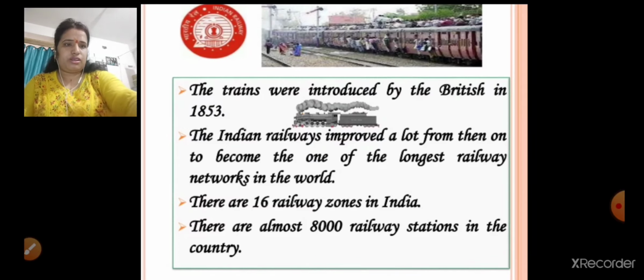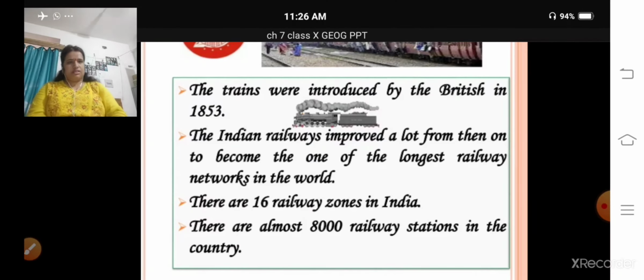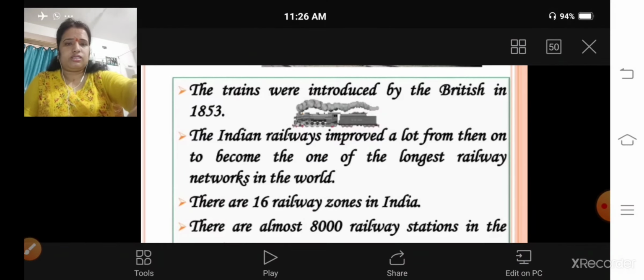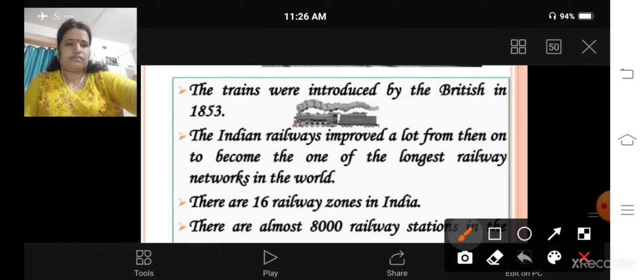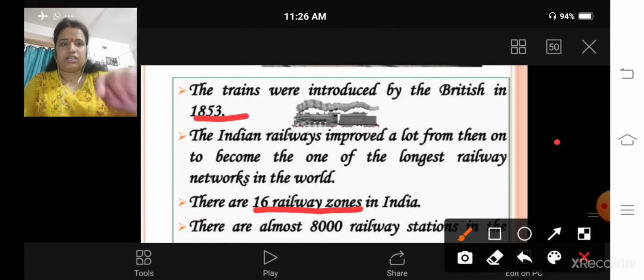This is for information, and one multiple choice question comes from this: total railway zones in India are 16, and trains were introduced by the British in 1853.